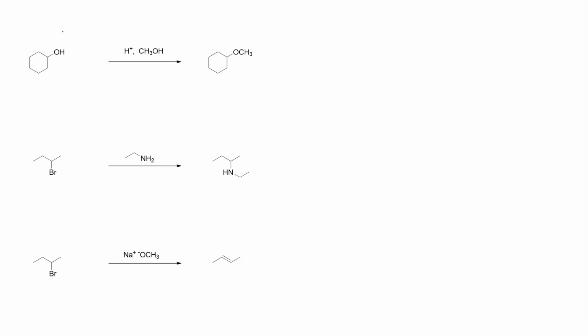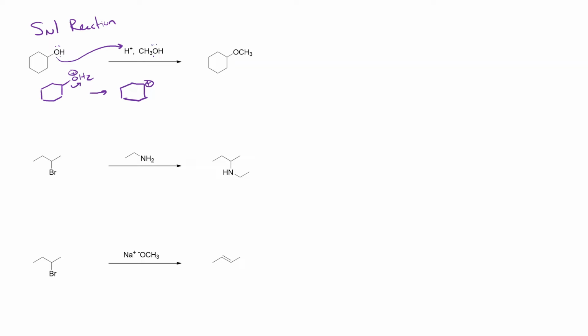The first reaction that we have here, we have an alcohol, we have an acid, we have a poor nucleophile. This is going to be an SN1 reaction. We all recall that the first thing that happens is we add our oxygen base to the H plus, and that generates a good leaving group, OH2 plus, and then this leaves, and we get a carbocation.